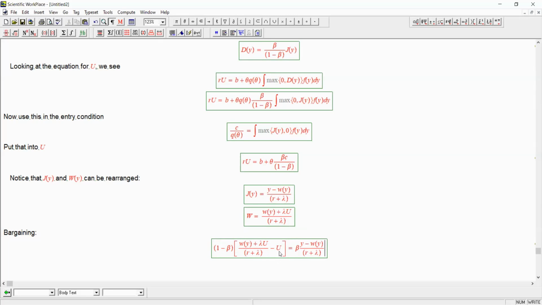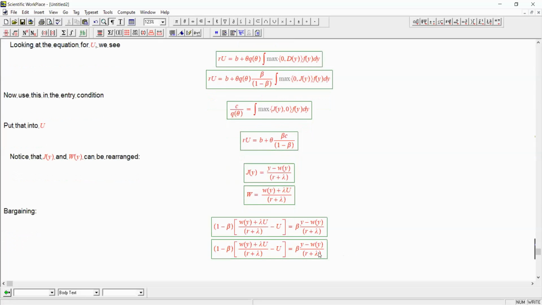And if you work through the algebra, you'll see that this is going to simplify quite a lot, because this u is the same thing as minus u times this, where of course this plus lambda u is going to cancel with this minus lambda u. Now we can multiply both sides by r plus lambda. That's gone.